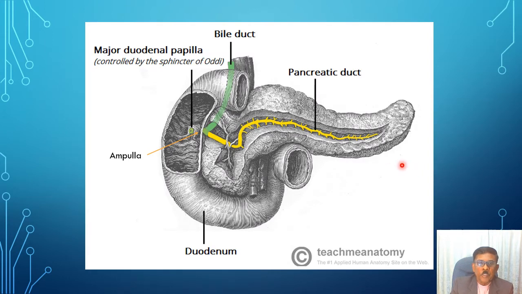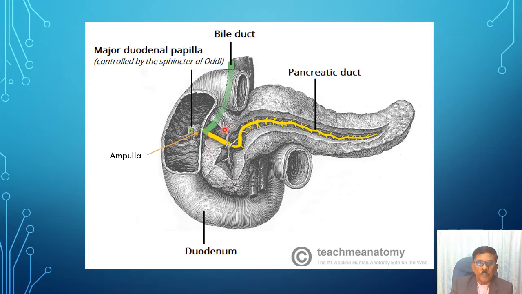Before we proceed with the further details of chronic pancreatitis, this is to refresh our minds on the anatomy of the pancreas. This is the pancreas situated in the C-shaped segment of the second and third part of the duodenum.